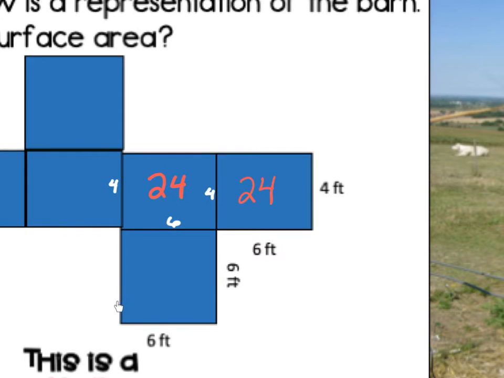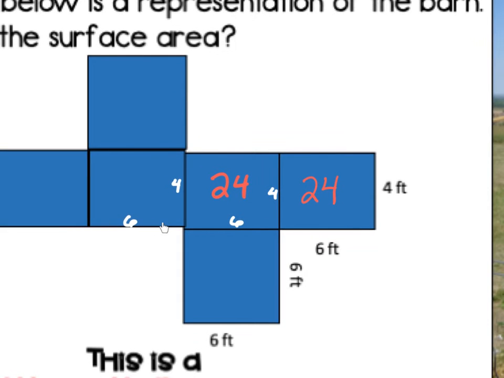So if this is 6, that means this also has to be 6, right? So let's go ahead and write 6 right there. And then we're ready to do this because base times height would be 6 times 4, which once again would give us 24 right in the center there. Bam, love it.